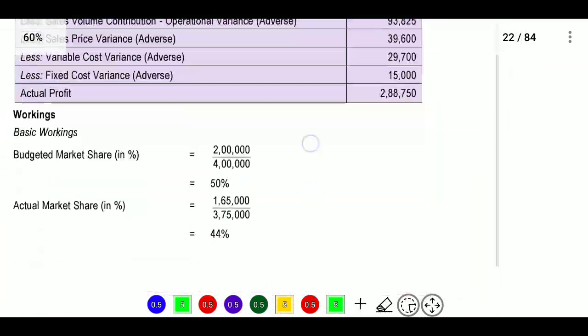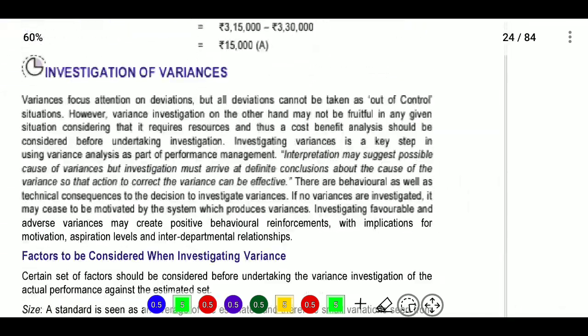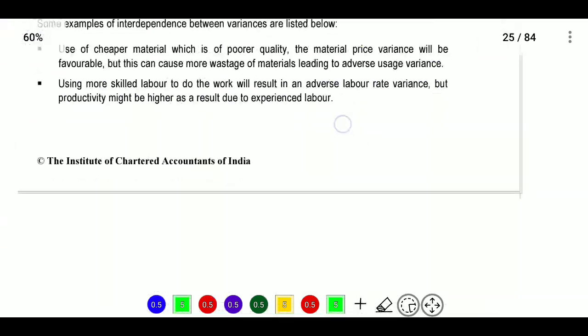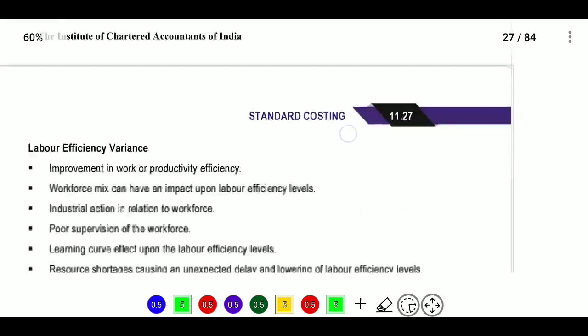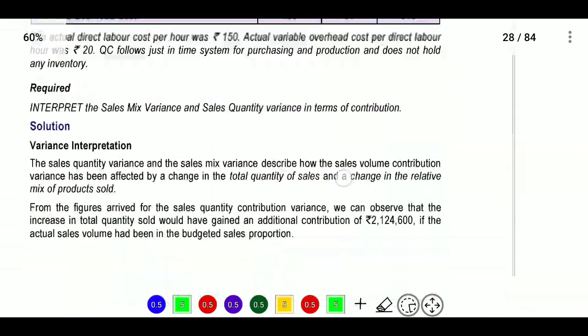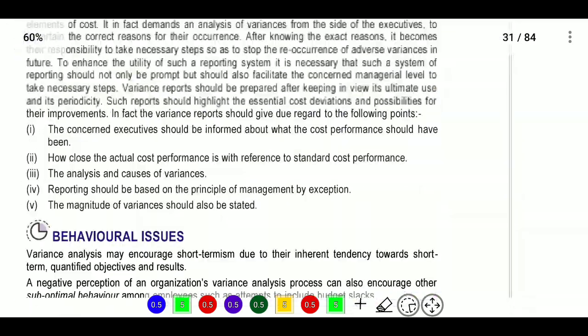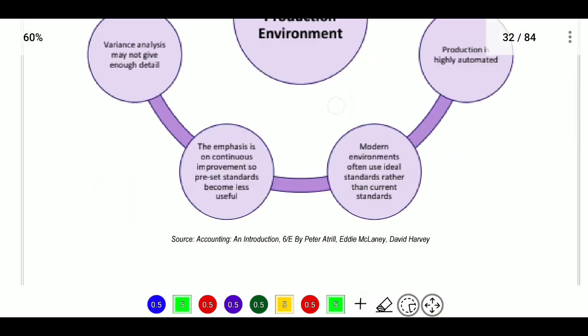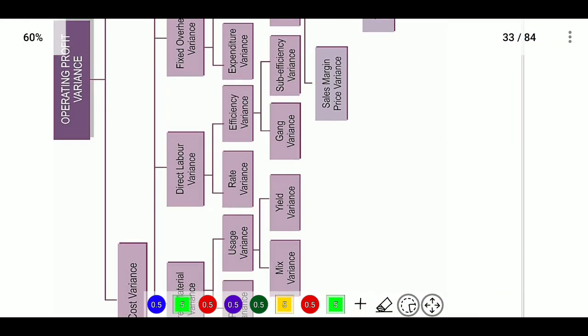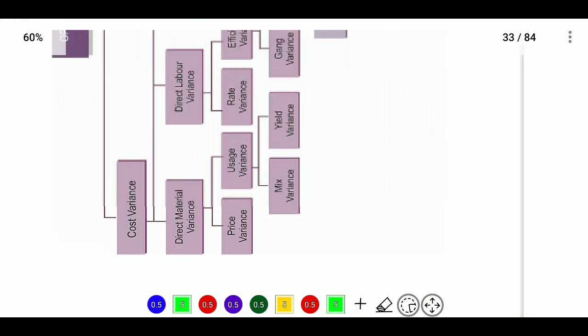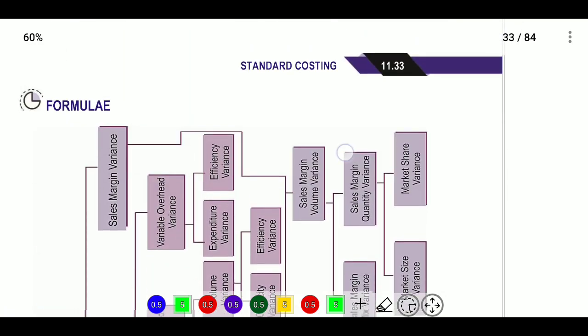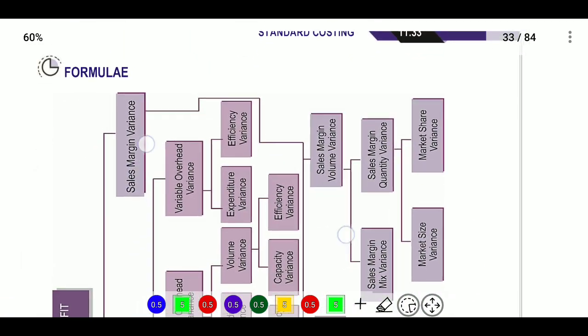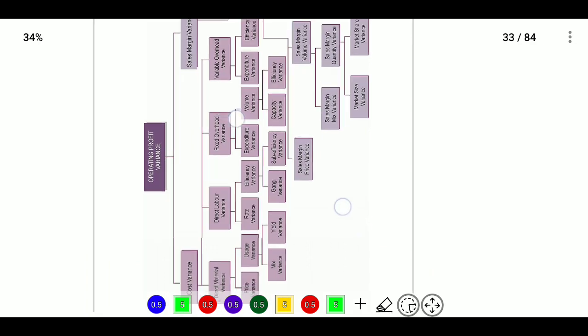After that, we will see what the formulas are, how the formulas come, and how many formulas will come for each.